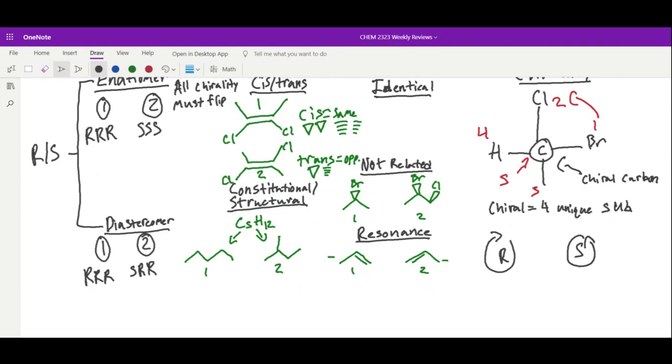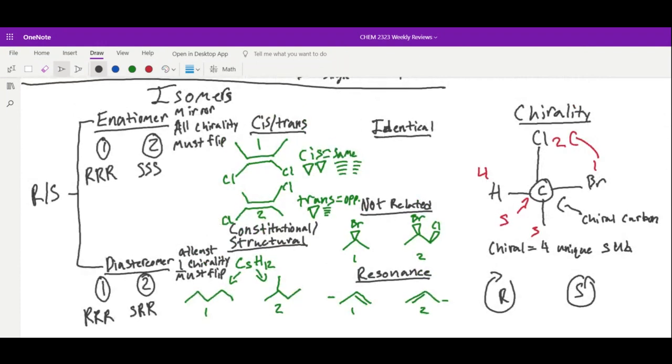So at least one chirality must flip. That's the difference between enantiomer and diastereomer. Enantiomer, think of it like a mirror image.